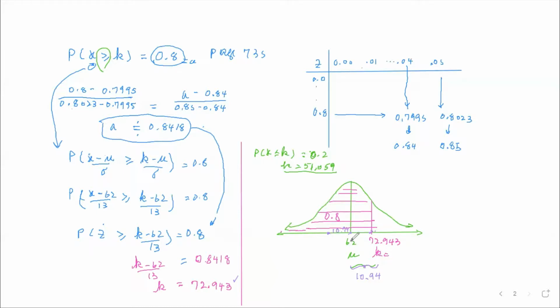So you apply 62 minus 10.94, and this point equals approximately, really close to, 51.0592.